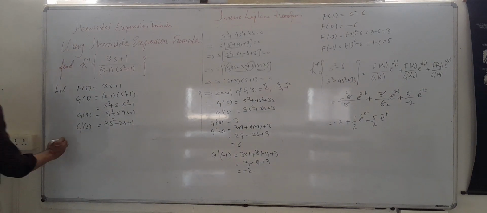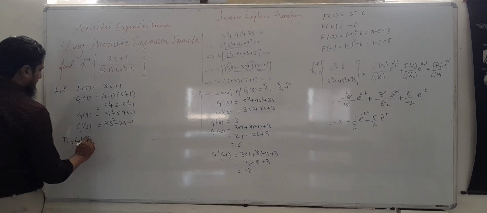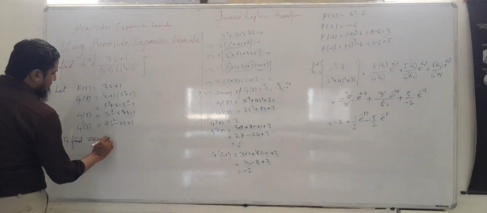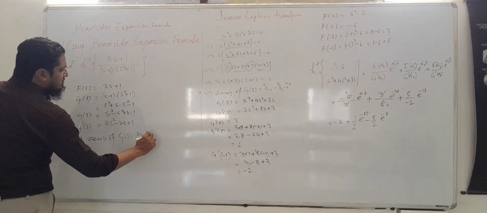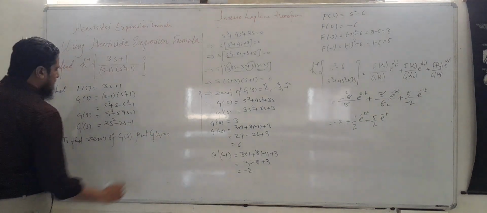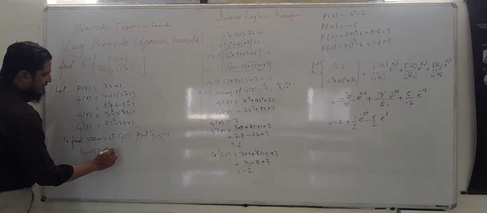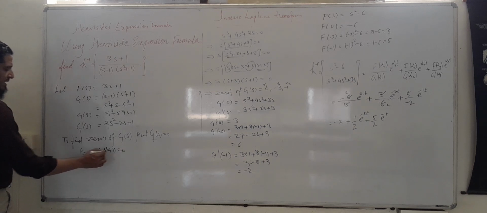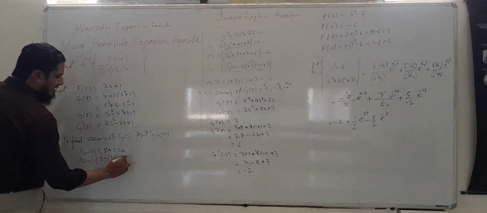Now to find zeros of g of s, put g of s equals 0. So we will get (s minus 1)(s square plus 1) equals 0, and it will give us s minus 1, s minus i, s plus i.